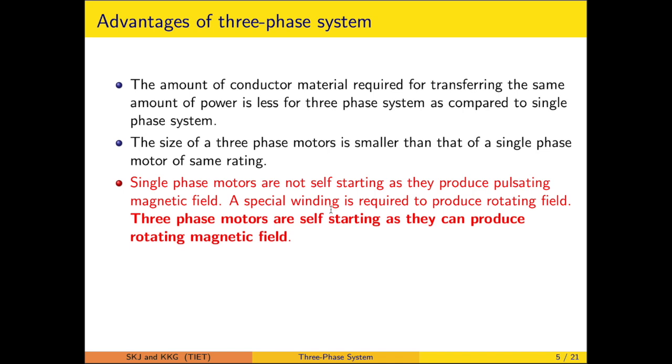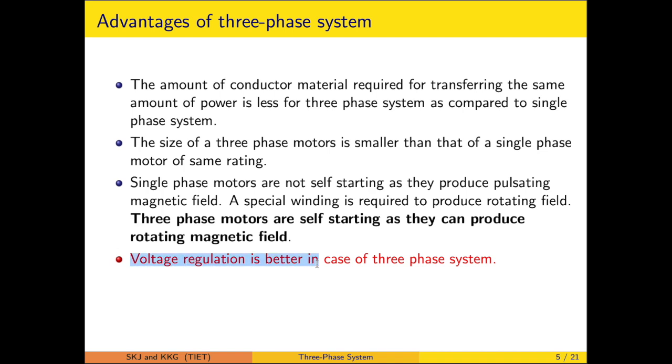Pulsating means the magnitude is changing at only one point, whereas in the three phase case the peak value appears at different locations around the circumference. That gives rise to the rotating magnetic field. Voltage regulation, another aspect, is also better in the three phase system.